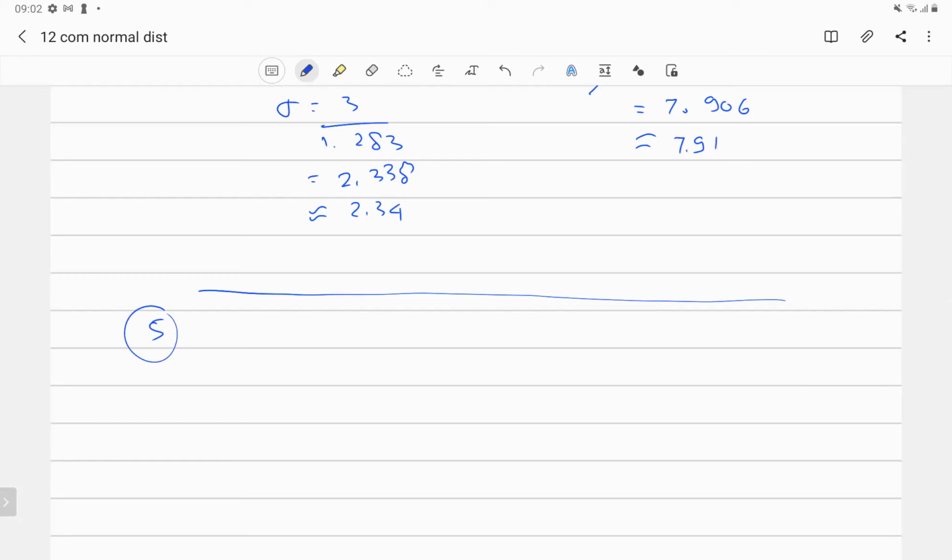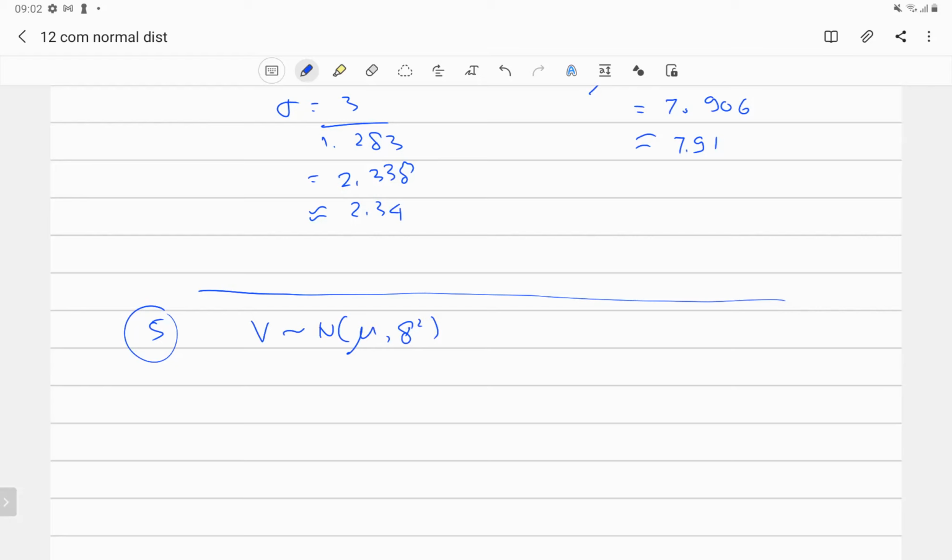The volume of milk is distributed with mean mu and standard deviation 8. So the volume can be approximated with a normal distribution with mu and standard deviation 8, meaning we have 8 squared. The variance is written as sigma squared. If we know the sigma, then just square it.